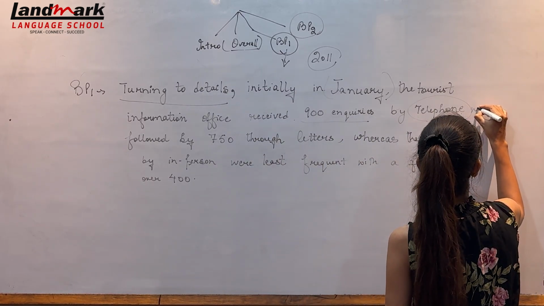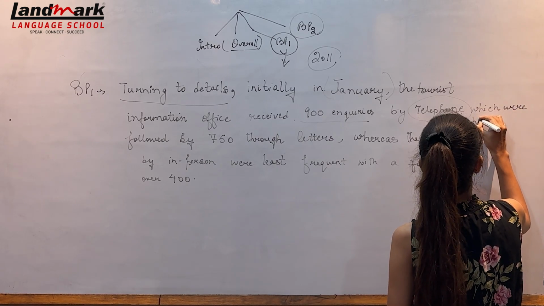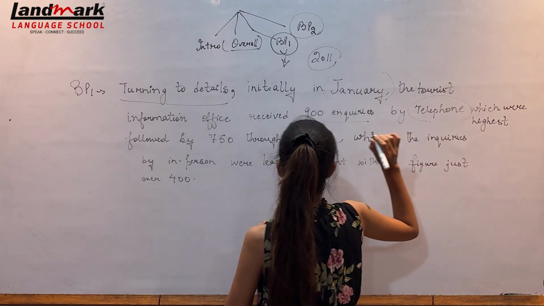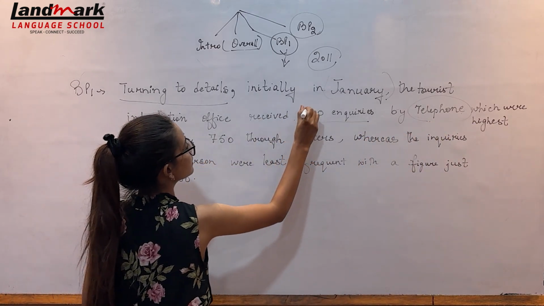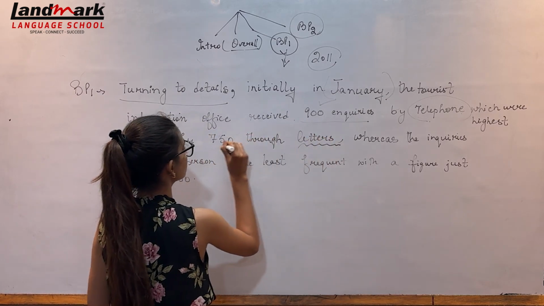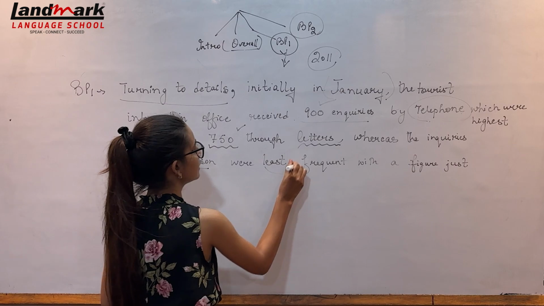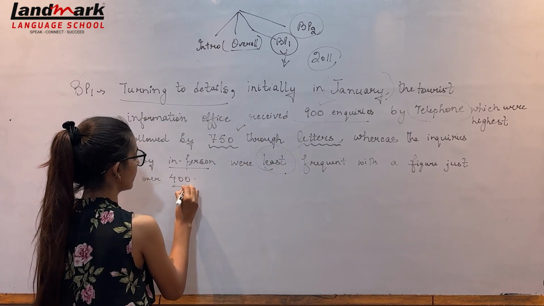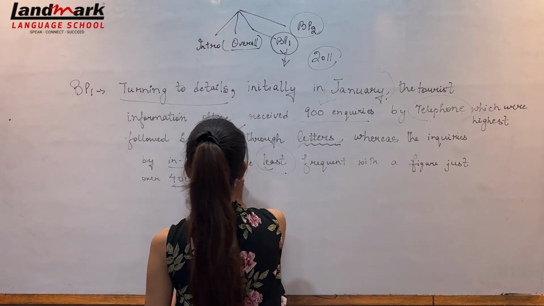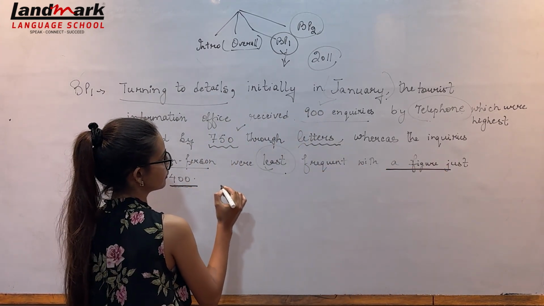So here you can write "which were the highest," because out of these three, telephone inquiries were the highest, which is 900. Then by letters it's 750, and in person were the least with only 400 or so. So in person were the least frequent with a figure just over 400.